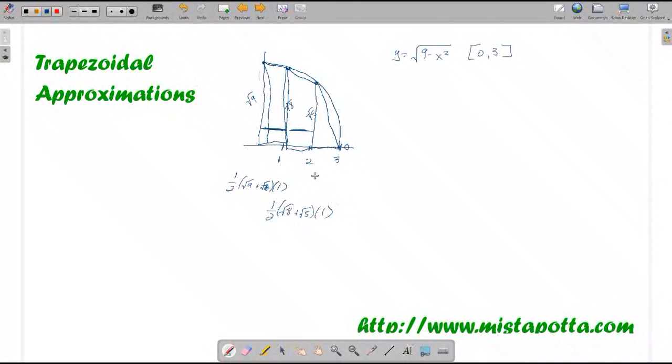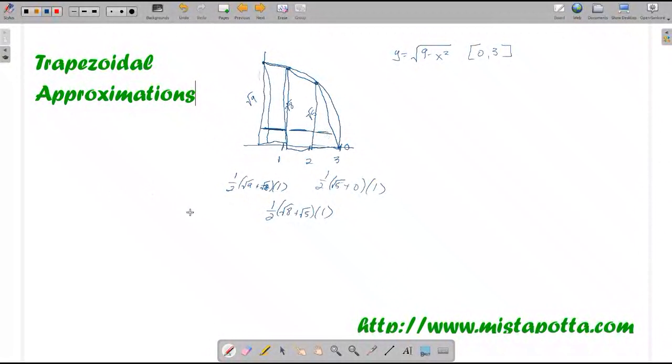And this trapezoid here, even though it's really a triangle, it's going to be 1/2 my lower base plus my upper base times the height of 1.